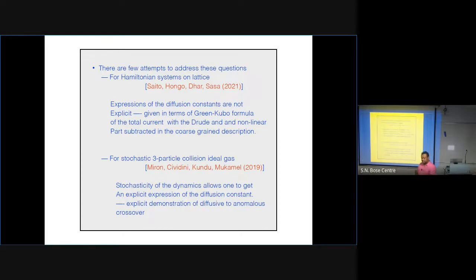This is very different: for very small delta T also, for the anomalous case, you still get a nonlinear profile, even in the linear response regime. That's what I'm saying.